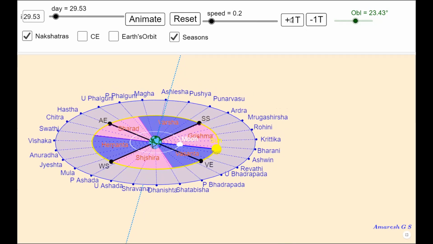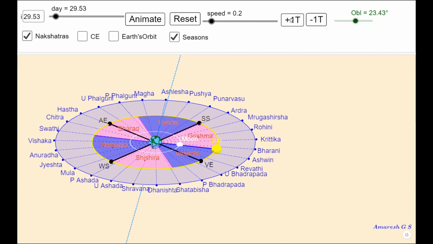And by the time the sun travels through 30 degrees from the point of vernal equinox, the Vasanta Rutu is over and the first solar month of the year is over. The Madhava is over. And now the sun is entering the area of Grishma Rutu and the first month of Shukra.